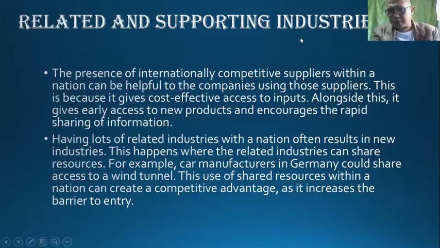Like the couch in the car is not made in Germany. Probably it's from another country. So once it is assembled, it has a variety of related supporting industries that build up the car. Okay? Am I understood, class? Yes, sir. Okay, thank you.